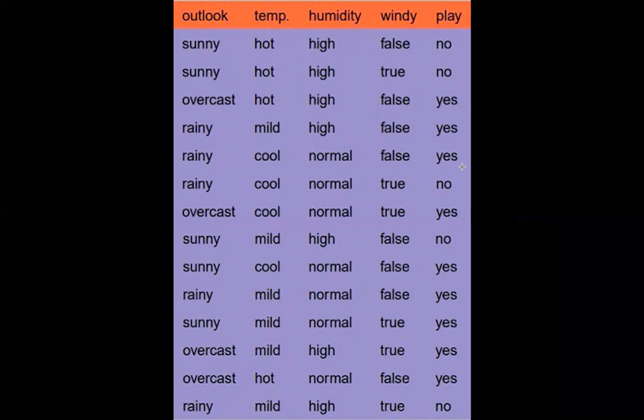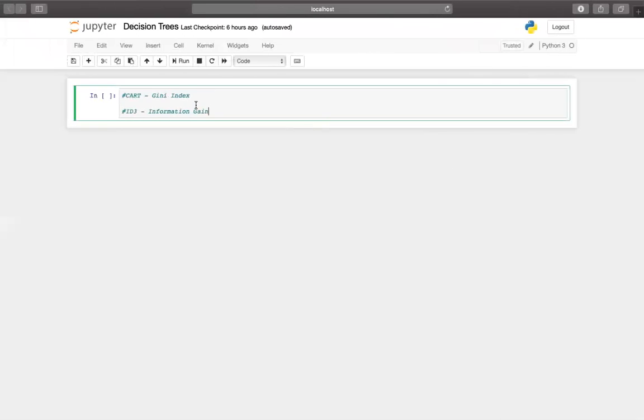You can't just have a logic specific to this particular data set only. You should have a logic which is generalizable. That is where entropy, your Gini index or information gain comes in.